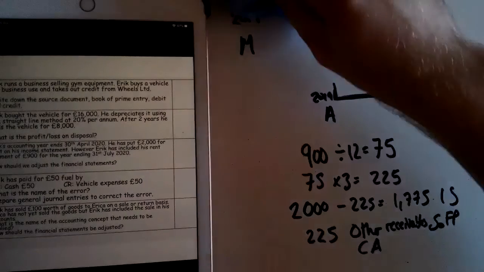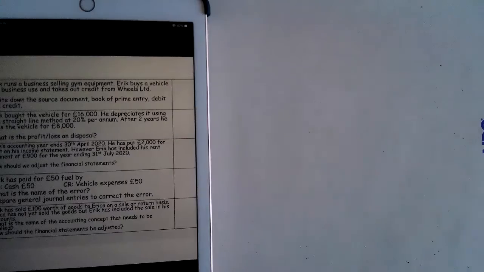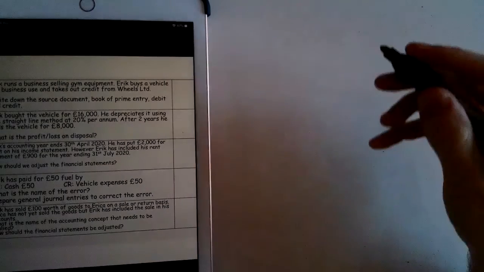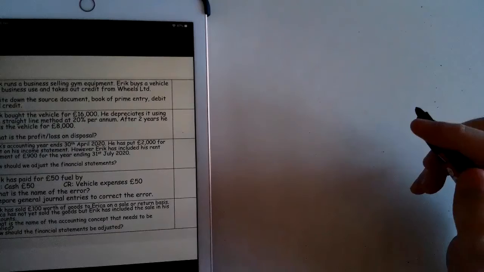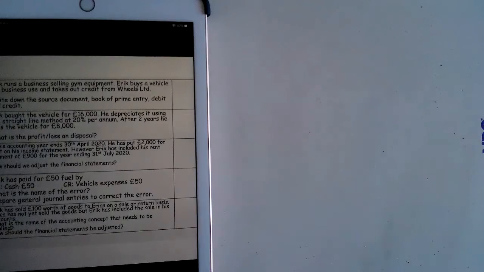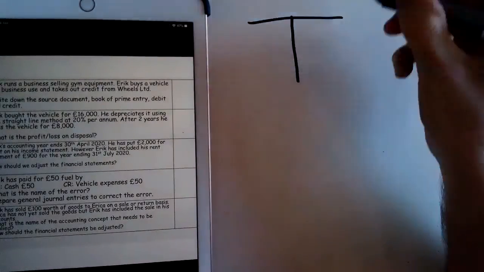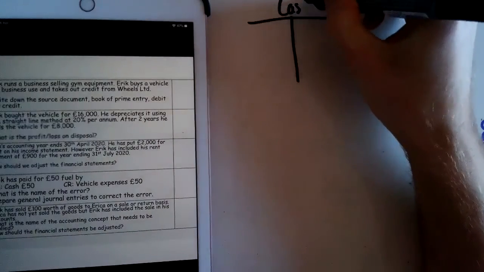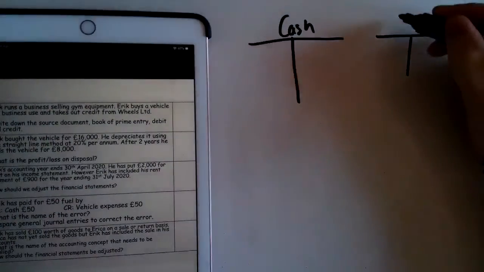Okay, fourth one. Eric has paid £50 for fuel by debiting cash and crediting vehicle expenses. So this is how it looks. So we've got my cash, and we've got vehicle expenses.